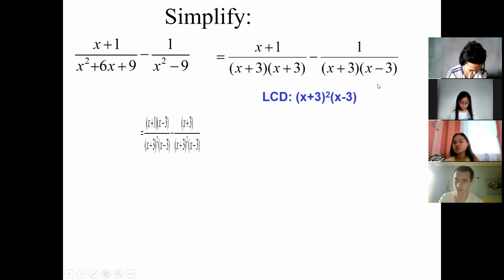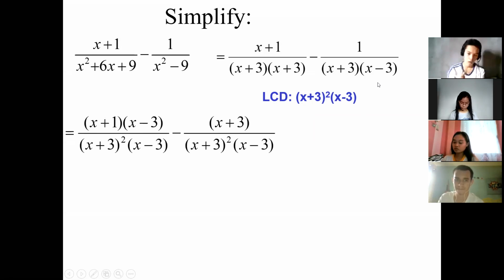If that's the case, then we can combine these two. You'll have x plus 3 squared. And since this is the LCD, we multiply both numerator and denominator by x minus 3. Okay?